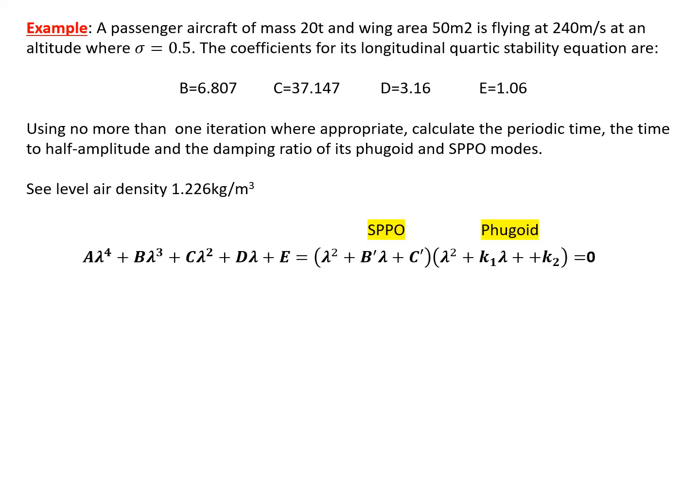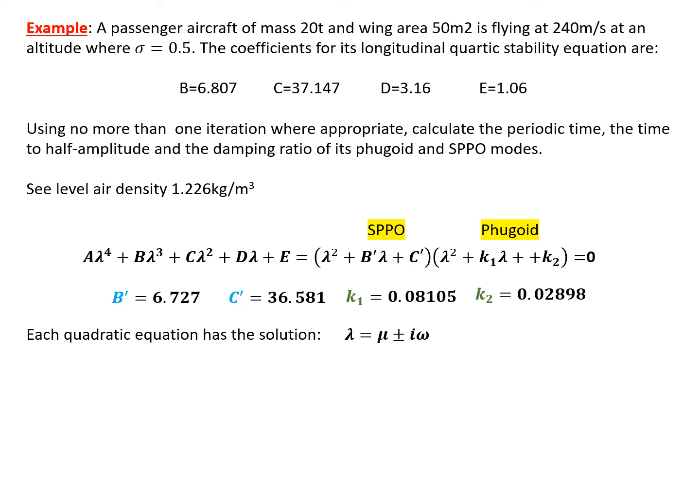So we have the coefficients for the quadratic equations, and we know B prime, C prime, K1, K2, so now we can get the solution for each quadratic equation. We know lambda is in the form of mu plus minus i omega, and for SPPO we have lambda like this, and for phugoid we get two numbers for lambda, and they both are in complex form.